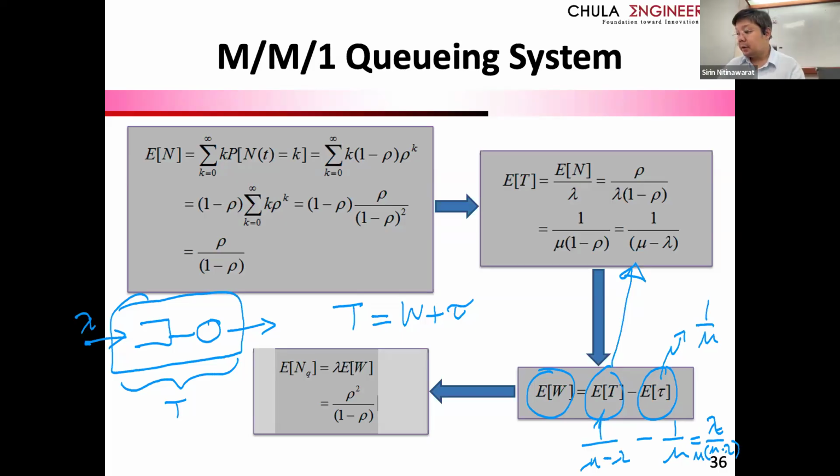The waiting time is only for which part? The waiting time is only in the queue, excluding the service time at the server. So what would happen if you only apply Little's formula to the queue, excluding the server?